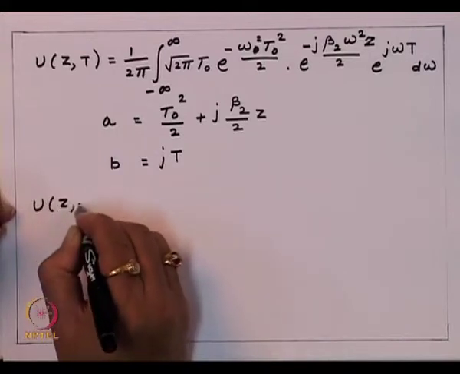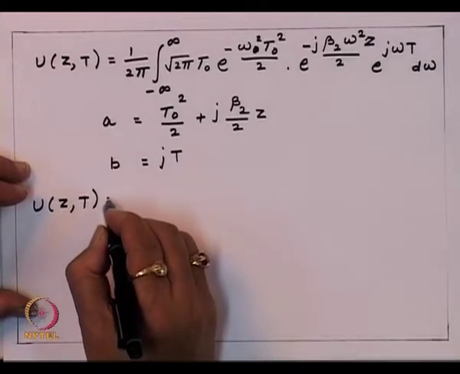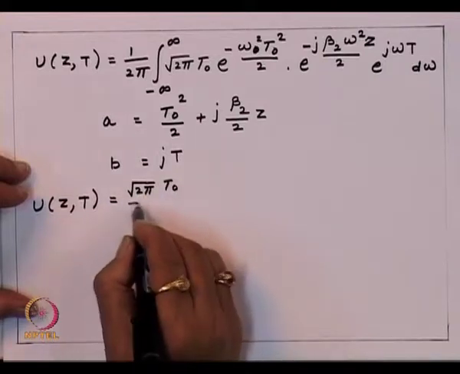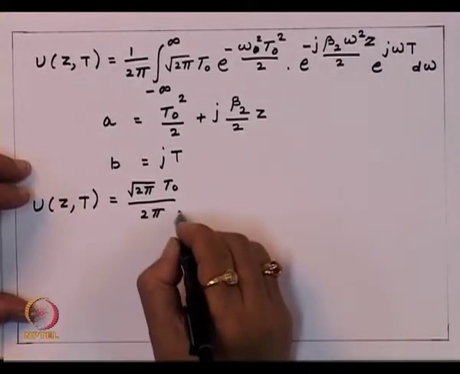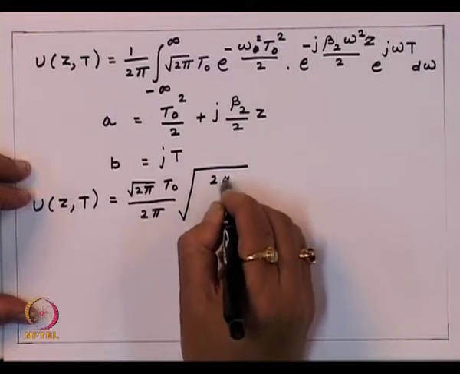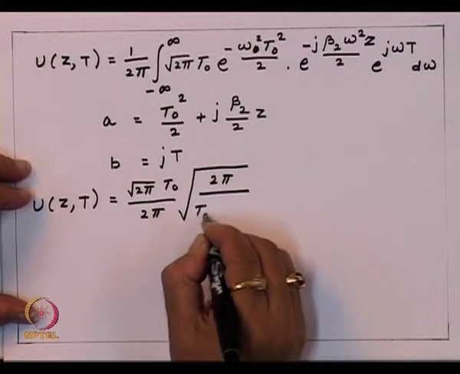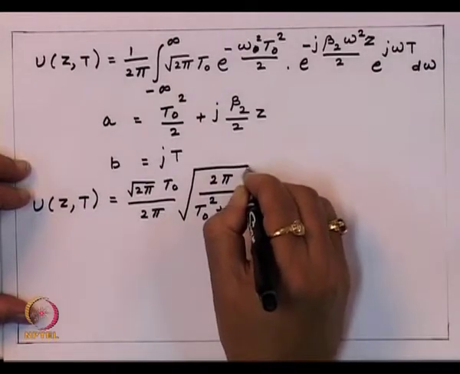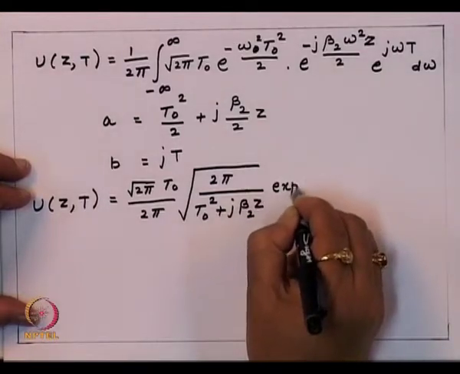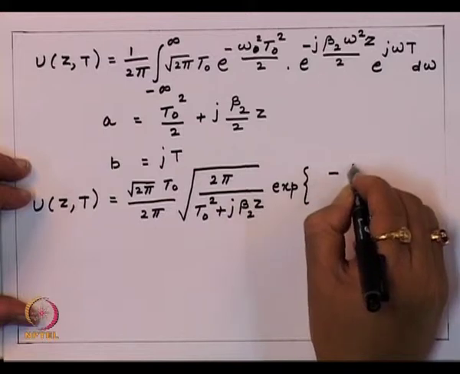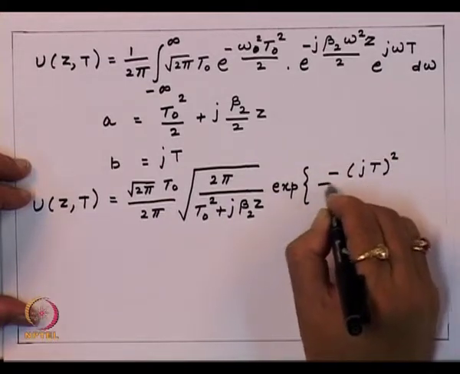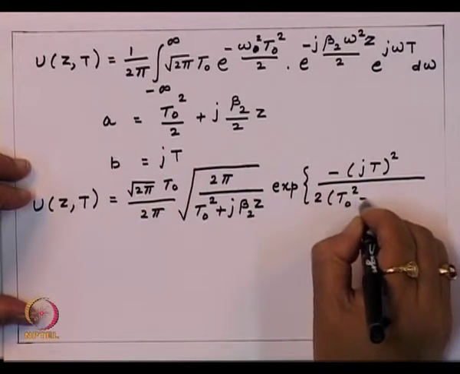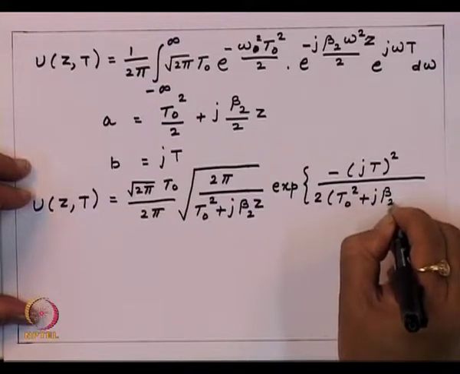So, I get u z t that is equal to 2 pi t 0 upon 2 pi, square root of 2 pi divided by t 0 square plus j beta 2 z, exponential minus j t square divided by 2 times t 0 square plus j beta 2 z.